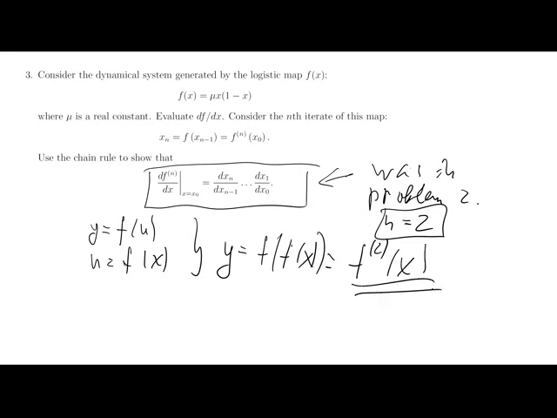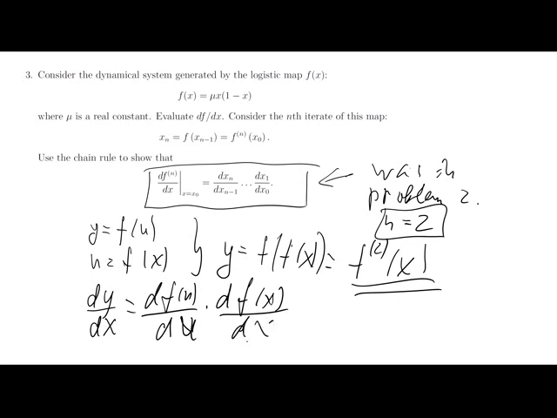So this is fine, we understand it. And then dy over dx would be df of u over du times df of x over dx. Is it okay? So it is this here and this here. It is the chain rule.